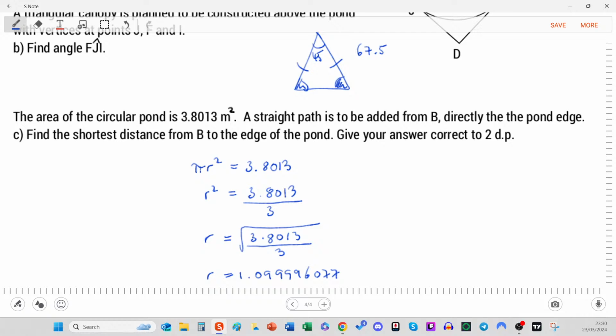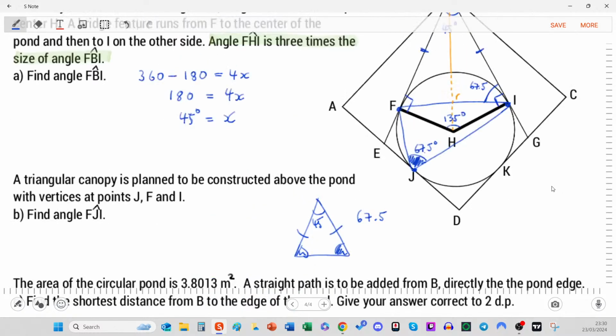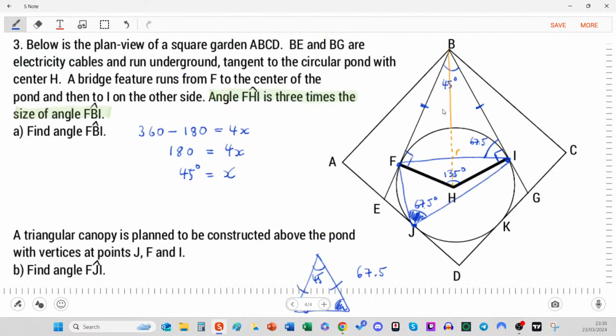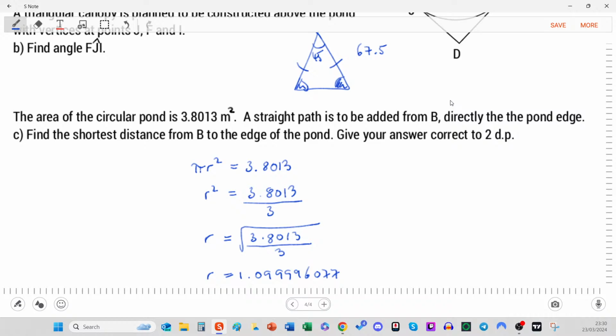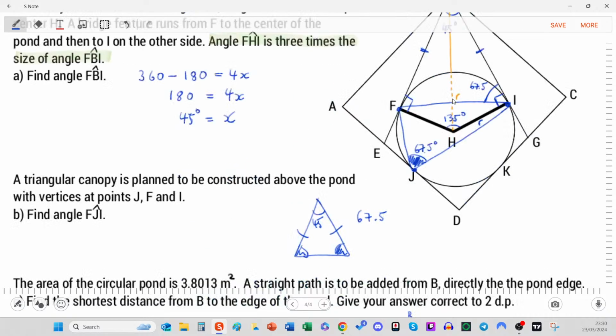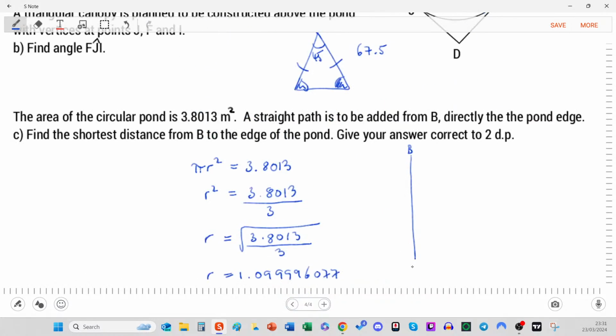Now what do we have here? We've got the radius, which is cool. That means the dotted part. But you'll note that the radius is also H to I. So if we draw that triangle that goes down from B, and we have a point at the center, H here, and then out to the tangent.